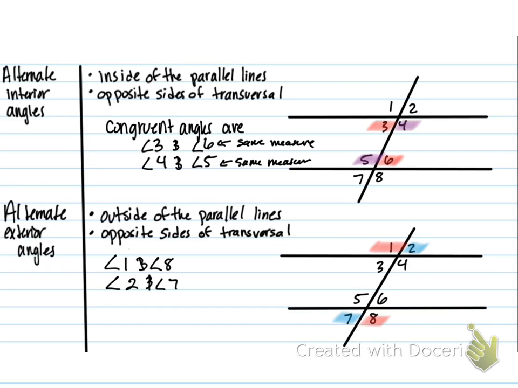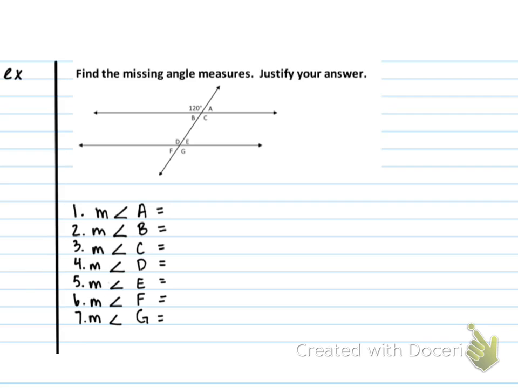So we're going to look at this question over here. And it only gives us this angle. And with just that angle, we're going to find the measure of angles A, B, C, D, E, F, G. So the first thing that we can do is, I know that this angle and this angle are across from each other, so I know those are going to be the same, right?